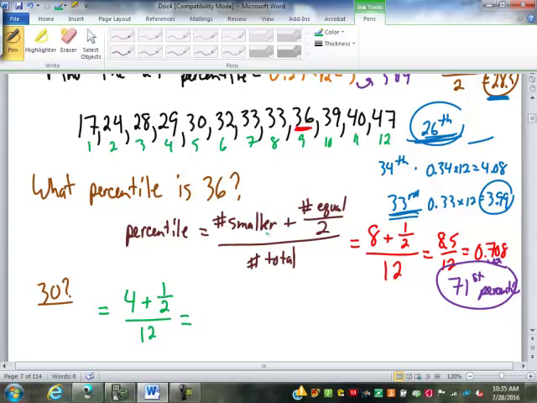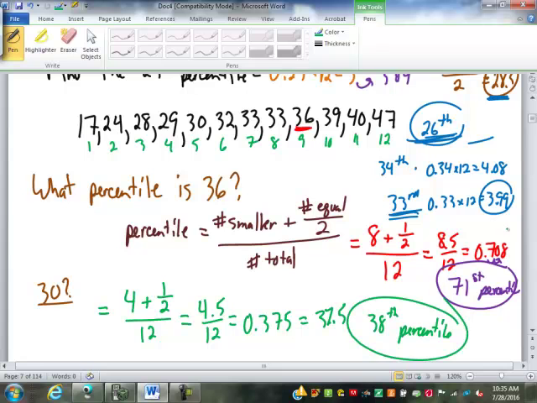Perfect. So that's going to be 4.5 over 12, which is what? 0.375, which is 37.5 or the 38th percentile. So 30 is the 38th percentile.